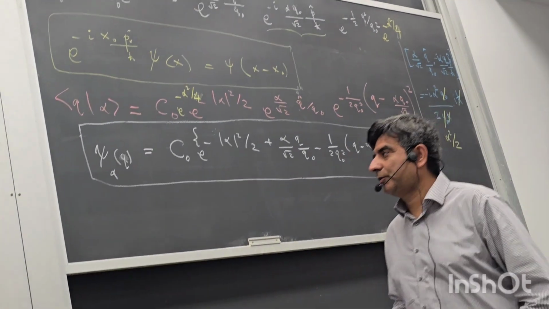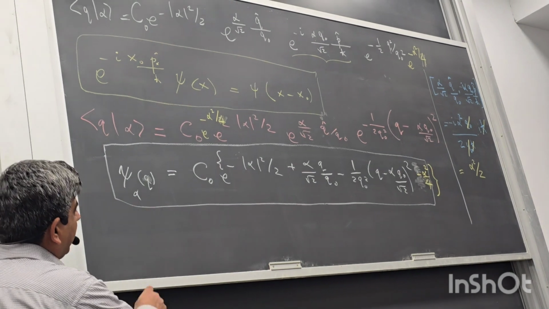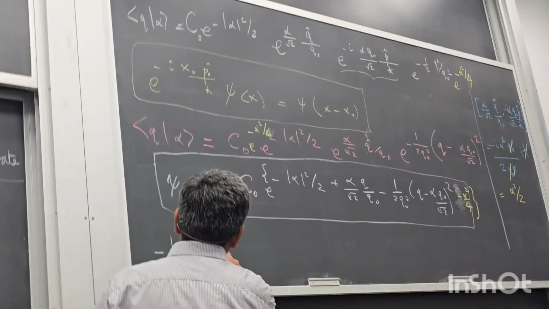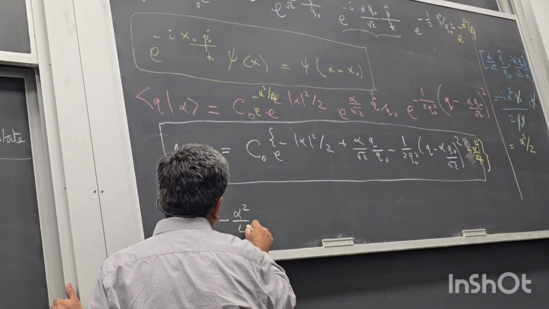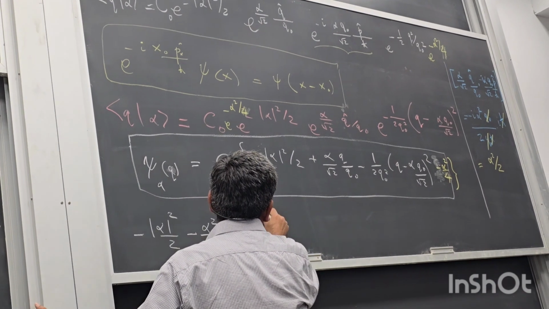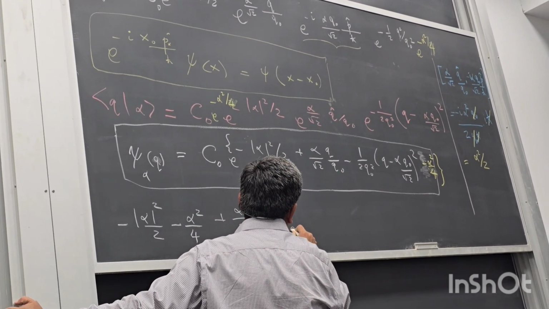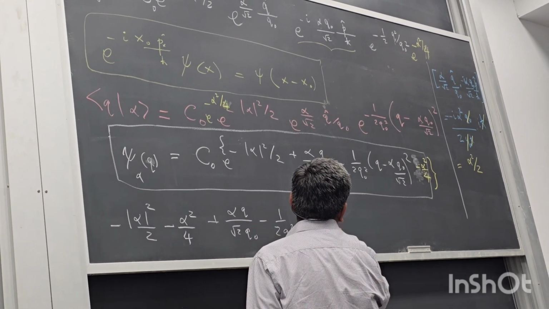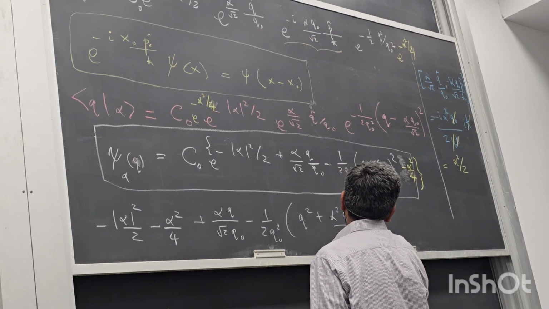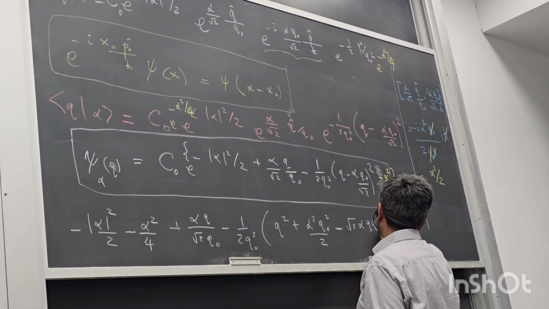So basically, what we need to do is, I'm just going to write down the power here. So I have minus alpha mod square over 2 minus alpha square over 4 plus alpha q over under root 2 q naught minus 1 over 2 q naught square q square plus alpha square q naught square over 2 minus under root 2 alpha q q naught.